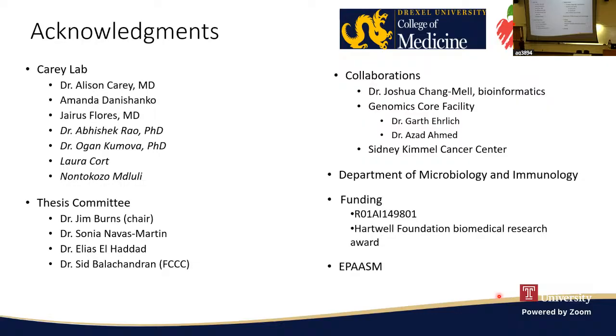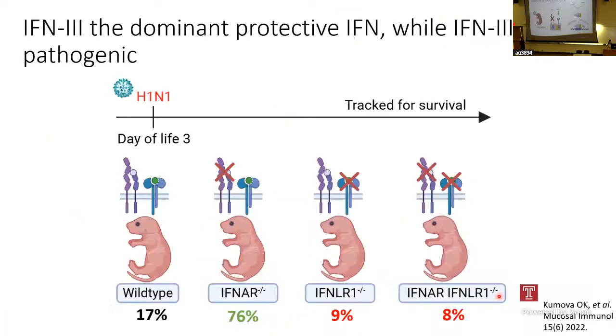Have you, in the RNA-seq data, did you look at the interferon lambda expression as well as maybe the type 1 interferon, how much of a difference in that when you took out type 1? Yes. So that is actually the future direction of this project, is focusing on type 3 interferons. So we did also use lambda knockout neonates, and we find that if you take out lambda, the neonates have exacerbated mortality compared to the wild type.